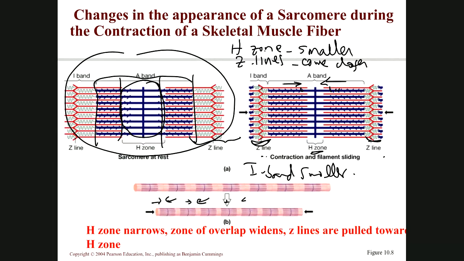The A band does not change because the A band, by definition, is the area between the beginning of the thick filament to the end of the thick filament, and the thin filament is not changing size during contraction. So you should know what happens to the sarcomere during muscle contraction. The H zone becomes smaller, Z lines come closer to each other, and the I bands become smaller. The A band, on the other hand, does not change in size.